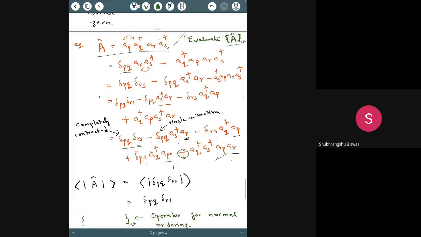When I do actual algebra of writing a string of operators using the anti-commutation relations, I get some terms, each of which involves at least one contraction, and I am left with a normal ordered string. That is my goal. But this normal ordered string is not necessarily of the same sign as the original operator.